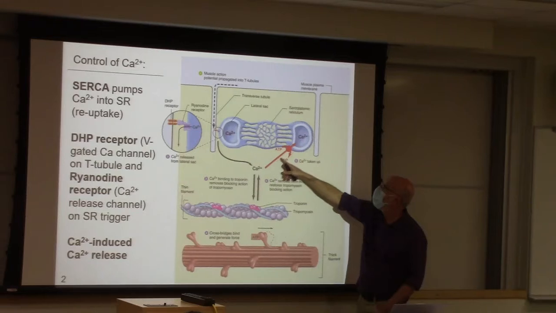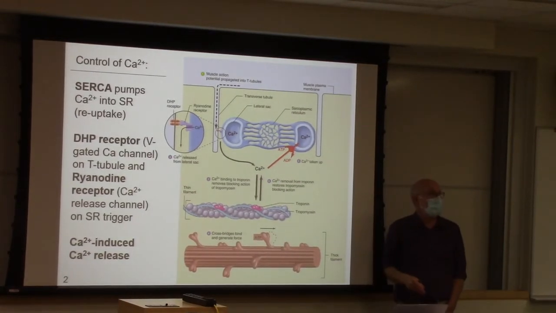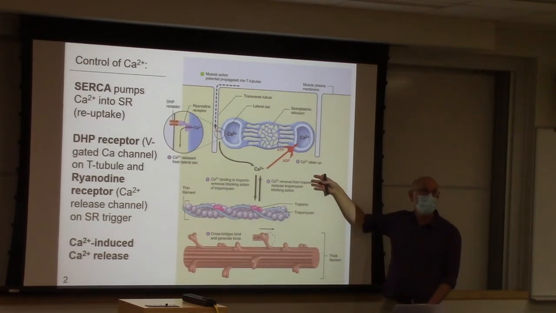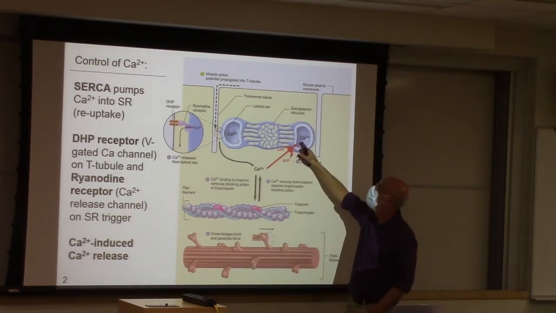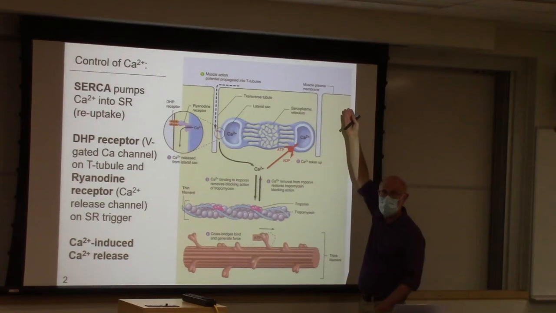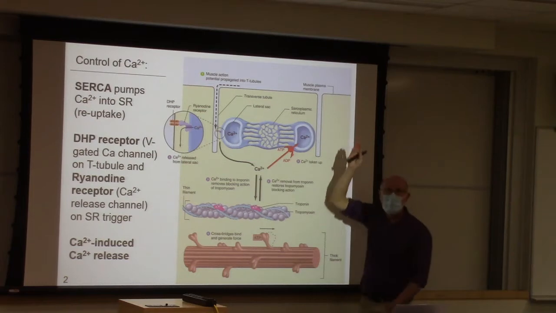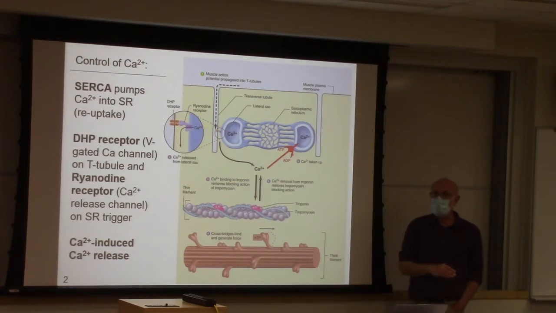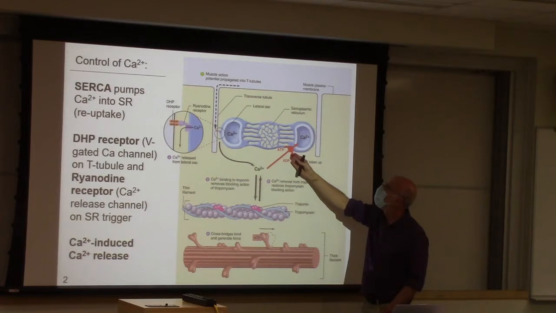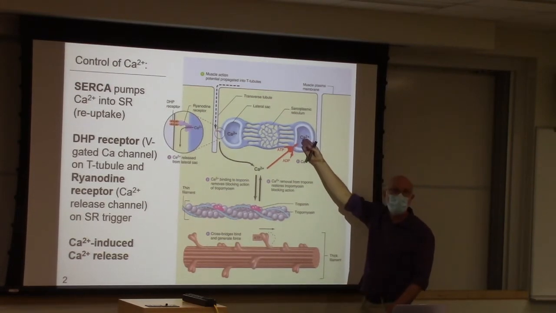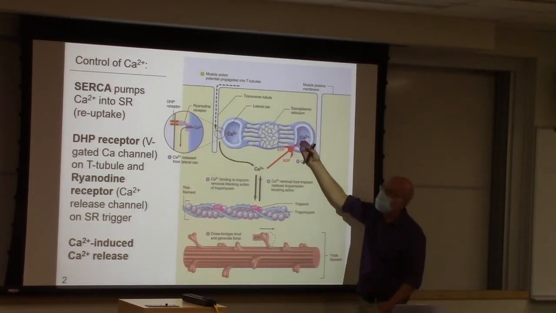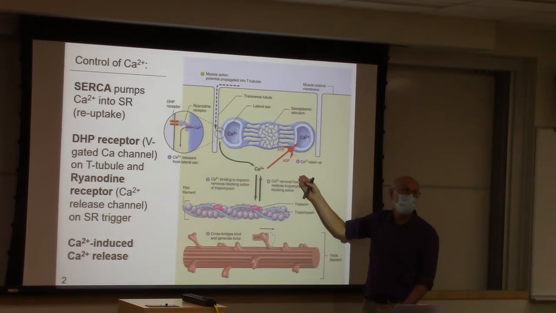This is the calcium pump that pumps calcium into the SR and is one of the components that maintains a low resting calcium concentration in the cytoplasm because calcium is pumped into the SR. It's also pumped out of the cell by the PMCA, and it is pumped out of the cell by NCX, the sodium calcium exchanger. But let's focus on SERCA. The concentration of calcium in the endoplasmic reticulum lumen is high because of the pump, and it's low out here because of the pump.